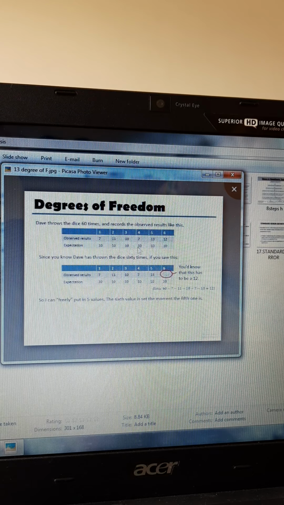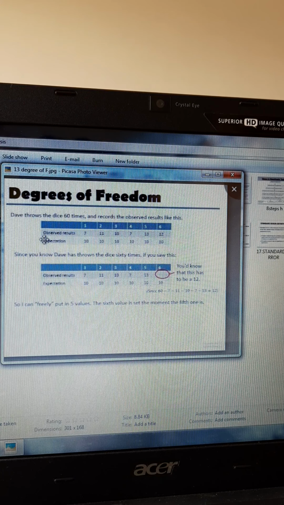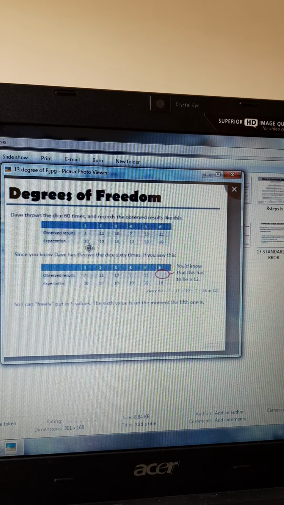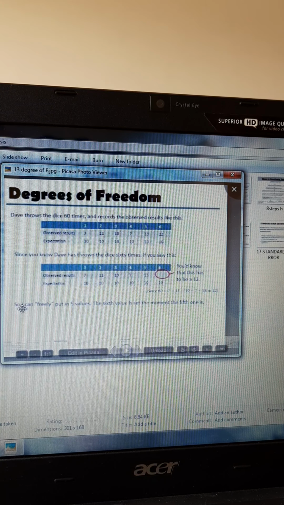Look at this, because this is probability. Look at this example. You are throwing a dice. What you expect is 10 on 10, but the first time it was 7, next time 11, 10, 7, 15, 12. Up to this level you can predict. This one is the fifth one, and the sixth one is based on this fifth one. That is your degree of freedom.